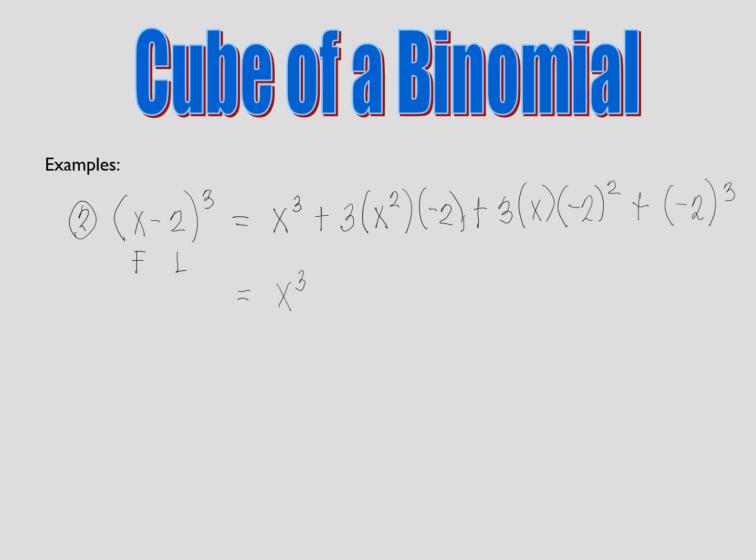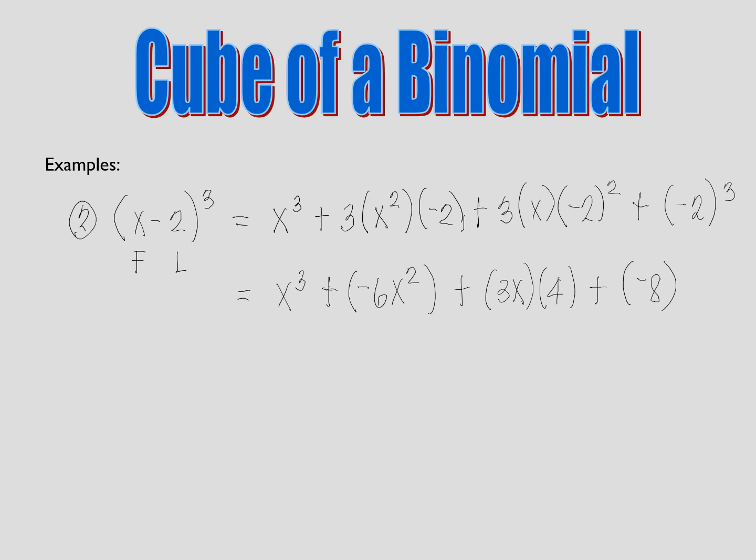X to the power of 3, there's nothing we can do about this because it's already simplified, plus multiply the two coefficients. 3 times 2, that's negative 6, so you have here negative 6x squared, plus 3 times x, 3x. But take note, we still have here negative 2 squared. What is negative 2 squared? That's positive 4. Negative 2 times negative 2, positive 4, plus negative 8.